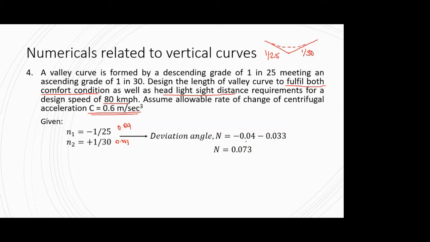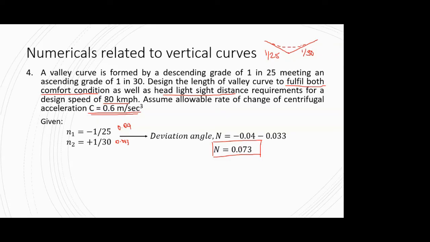Now here you can note that though we are saying that we are taking the algebraic difference, the N value we are not considering with the negative sign, because we are only interested in the magnitude of that angle, not the direction. If you take that negative sign, your length will be negative, which is not possible.